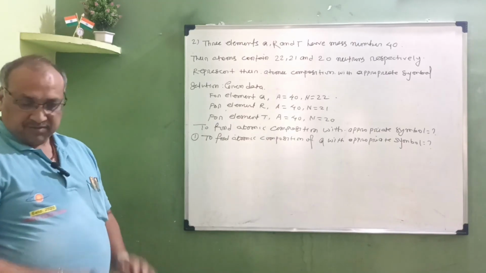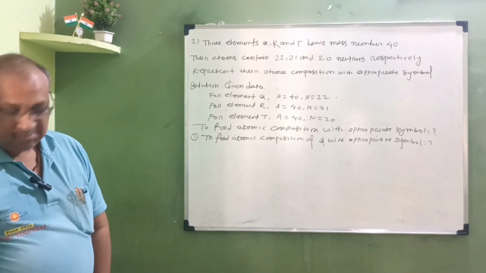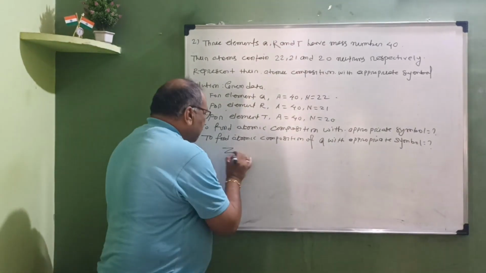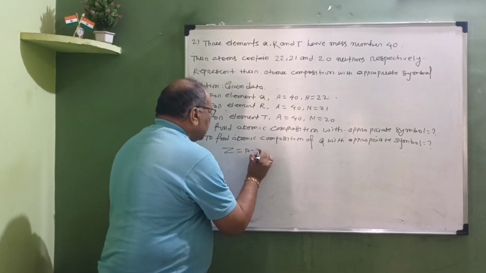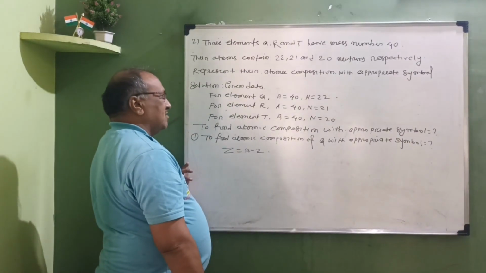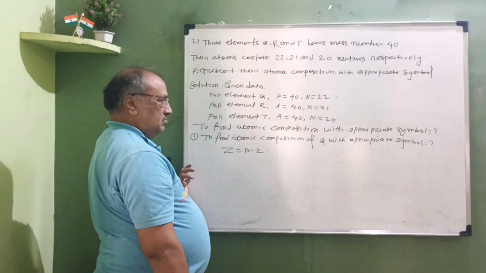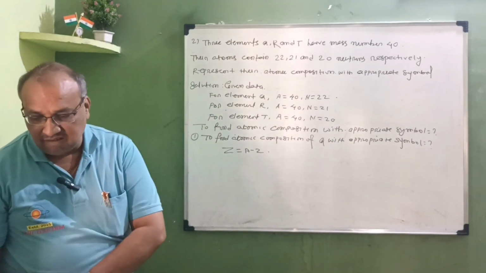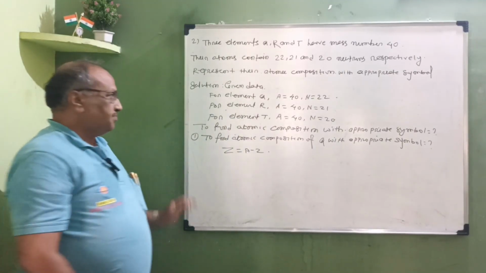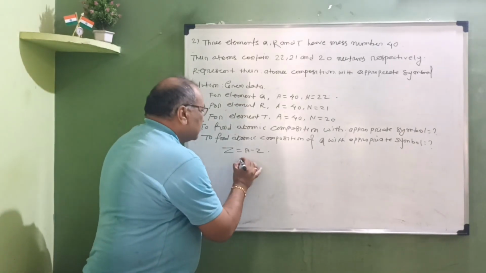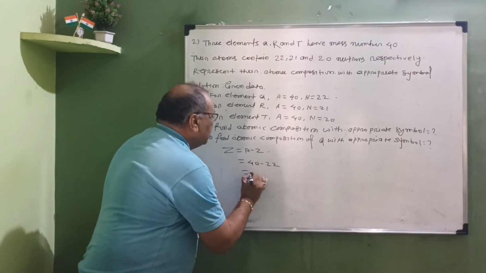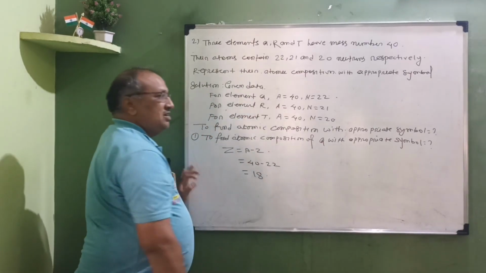That is, first find out the value of atomic number, that is Z is equal to A minus N. That means here substitute the value, that is 40 minus 22 is equal to 18.